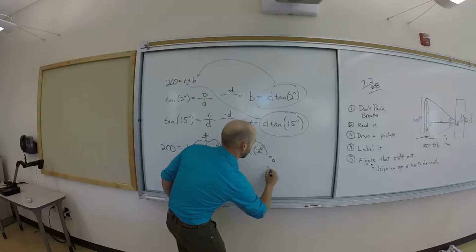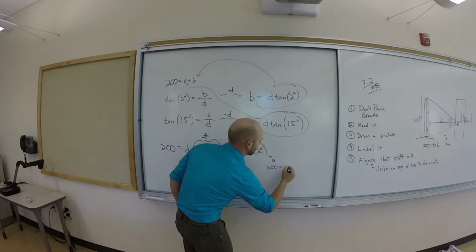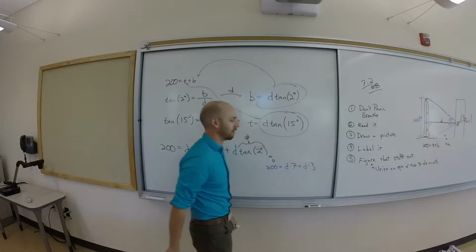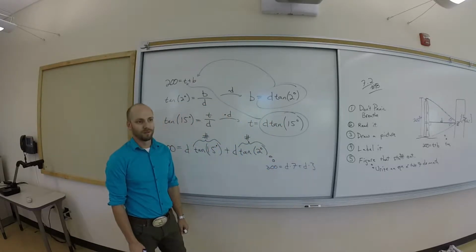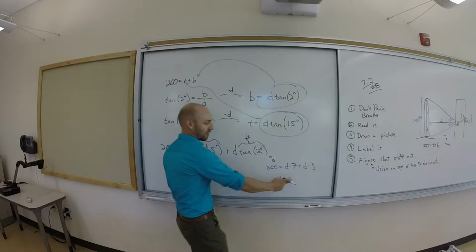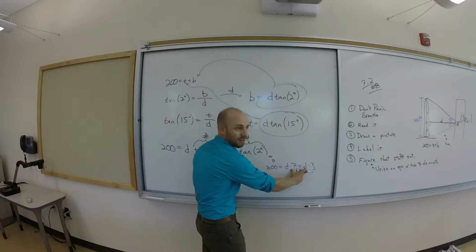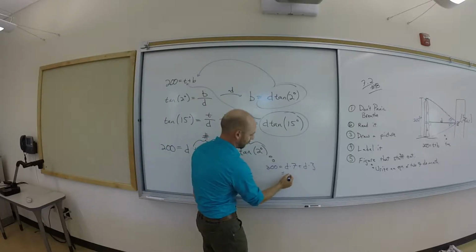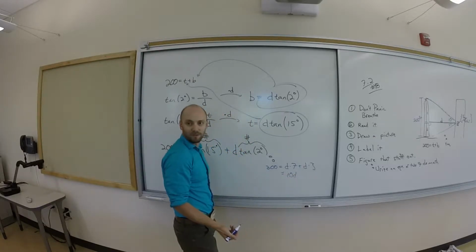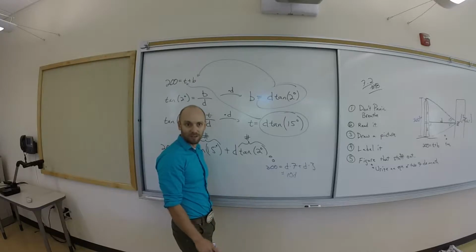So if I had 200 was d times 7 plus d times 3, what would I do? You just add them together. I'd combine like terms, right? I'd stick these together. That'd give me 10 d's, right? And then I would divide both sides by 10. I'd figure out d is whatever d is.